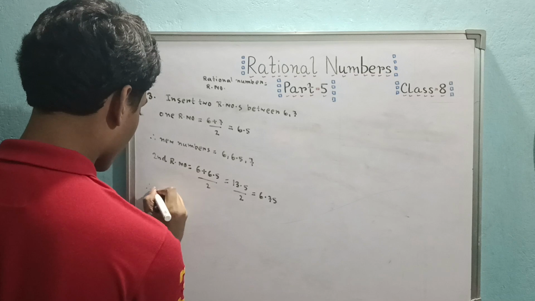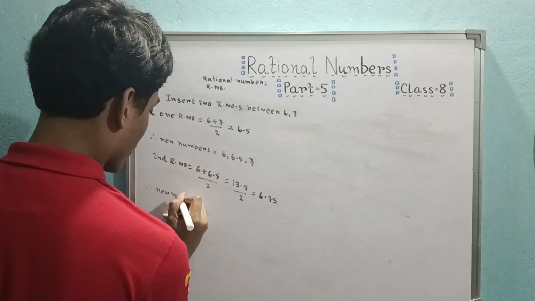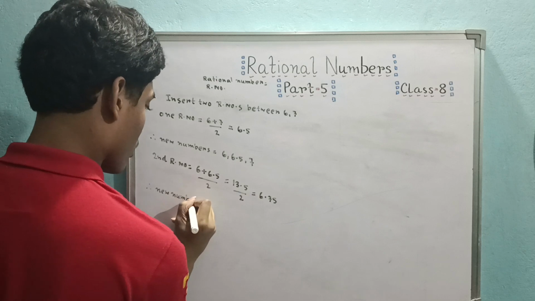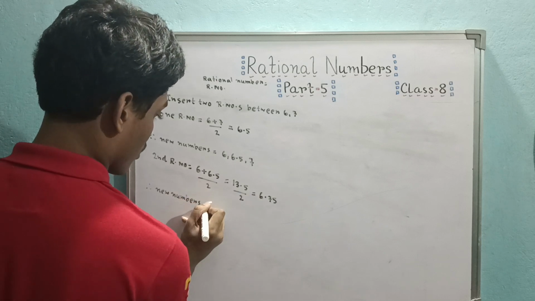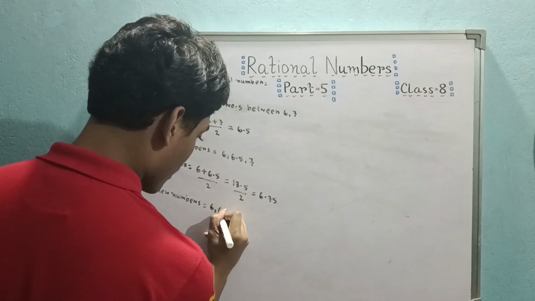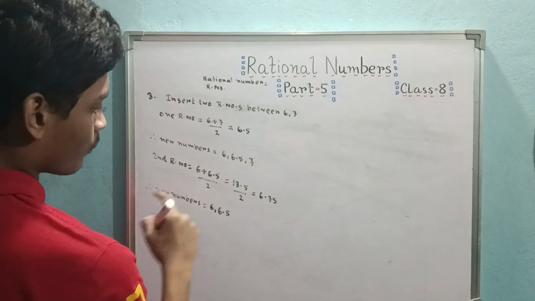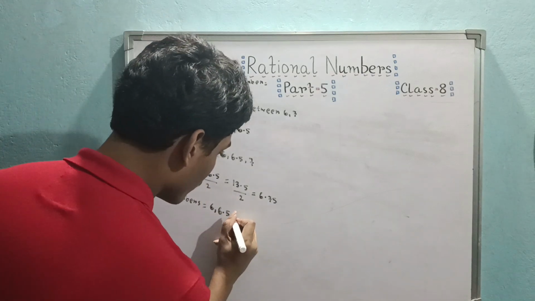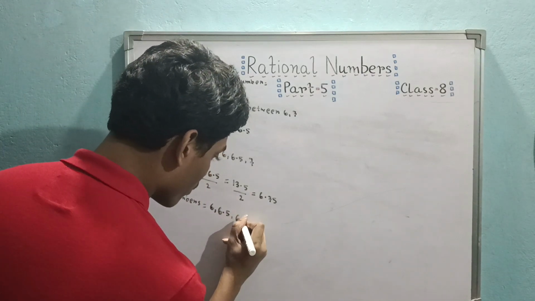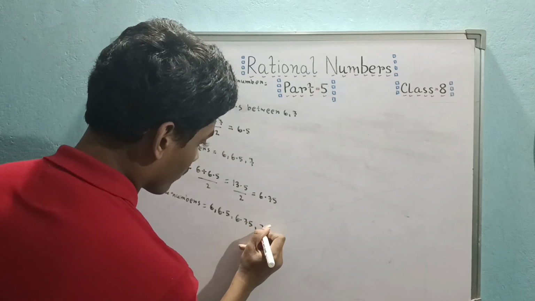Therefore, the new numbers now are 6, then 6.5, then 6 plus 6.5 by 2, which is 6.75, and at the end I have 7.